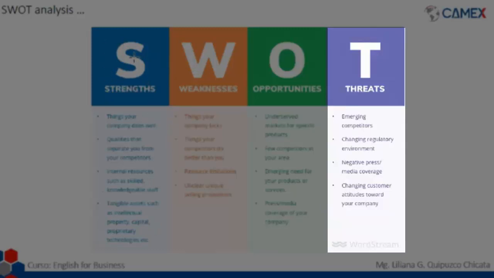Okay, so remember, our strengths we must encourage to keep them as strengths and put more effort into them. In weaknesses, it means to correct those weaknesses, to find a solution. In opportunities, it would be to take advantage of the opportunities that are given. And in the case of threats, it would be to find a way to avoid the potential threat.